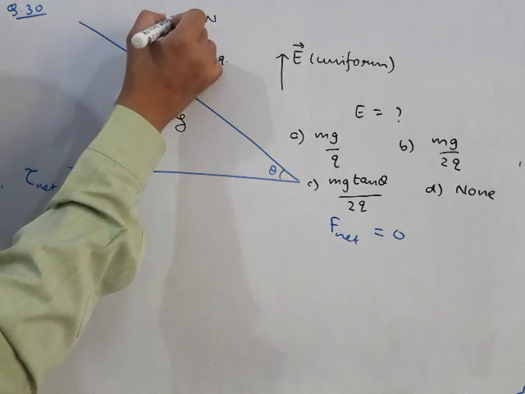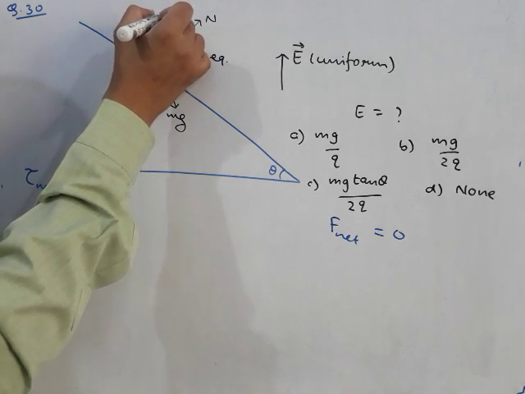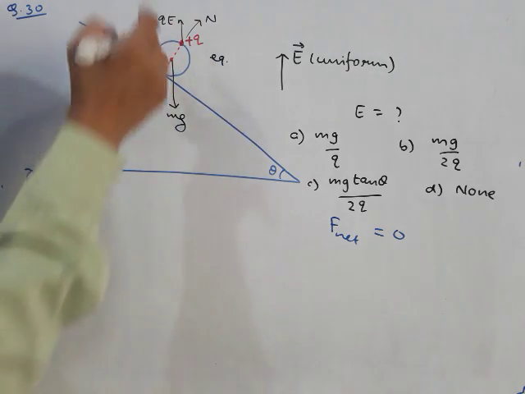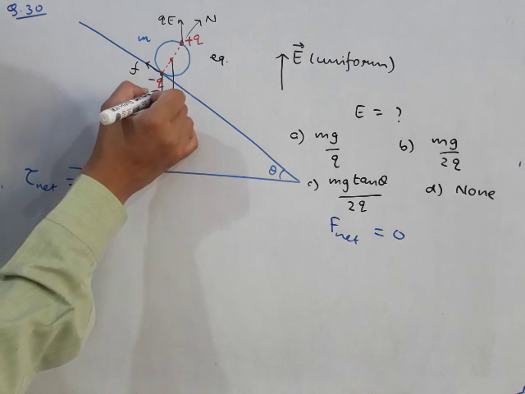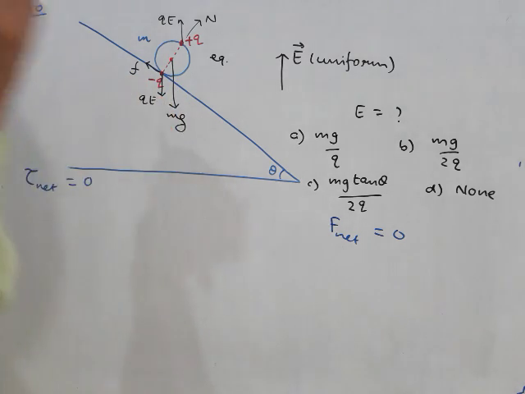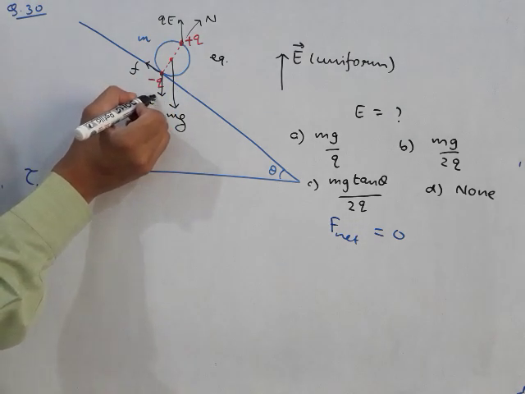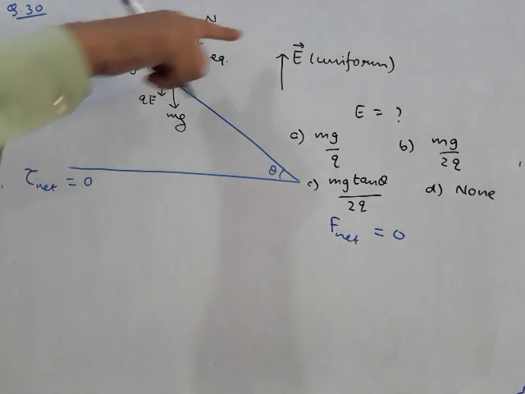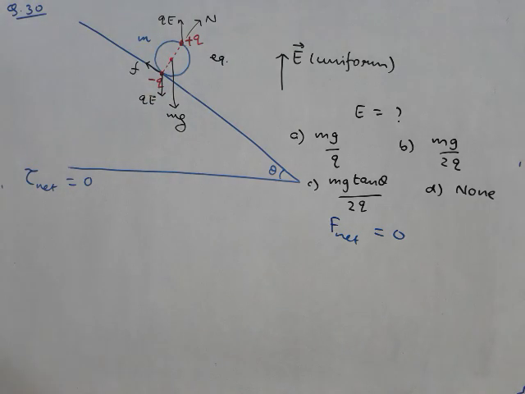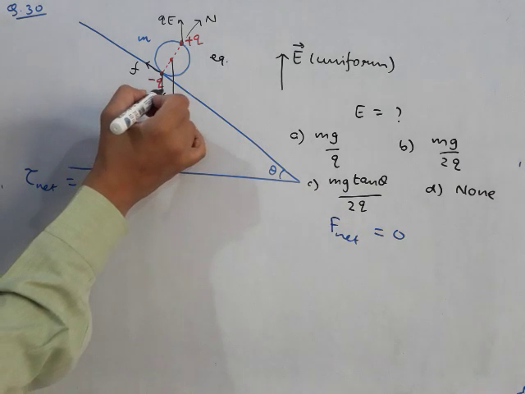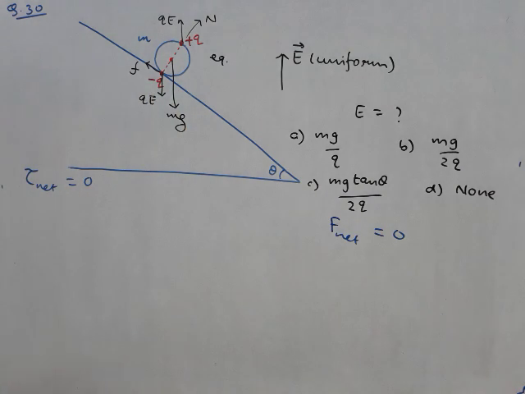And these two charges plus q and minus q will experience force QE in upward direction and in downward direction respectively. Because it is negative charge, it will experience a force in downward direction, opposite to direction of electric field. So these are the forces. Now as far as net force is concerned, this force QE and QE are in opposite direction, so no problem in that, they will cancel.